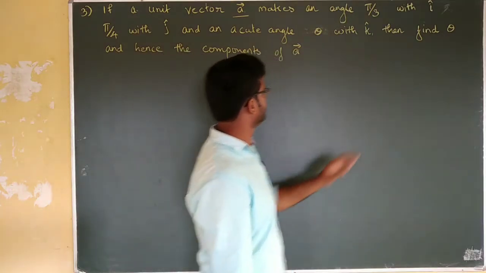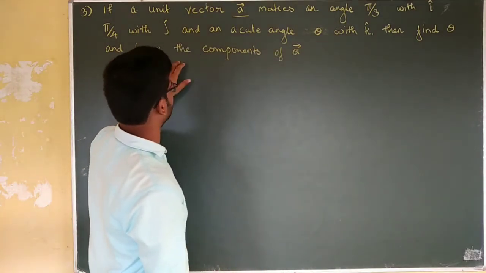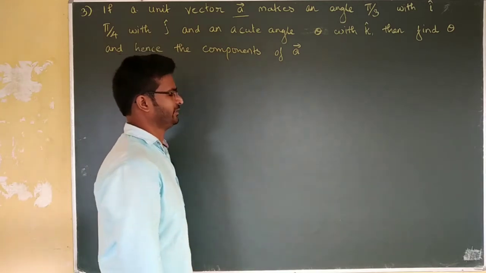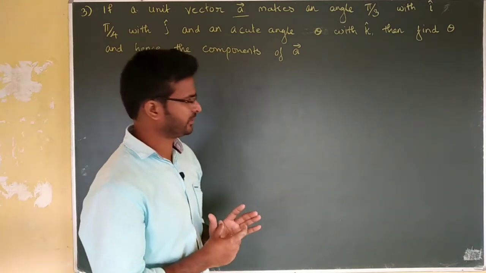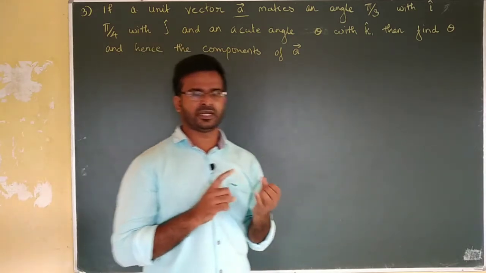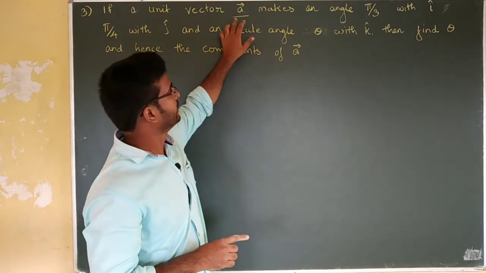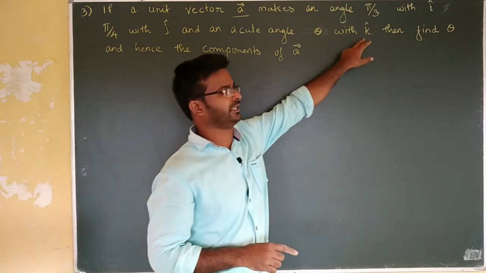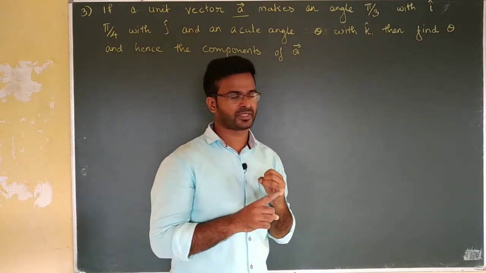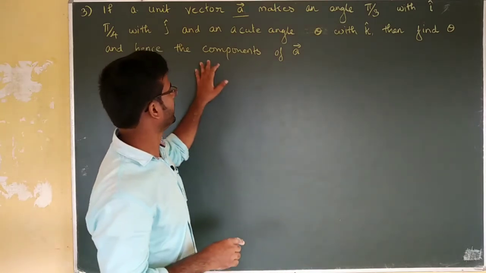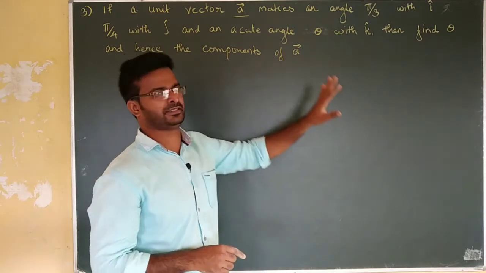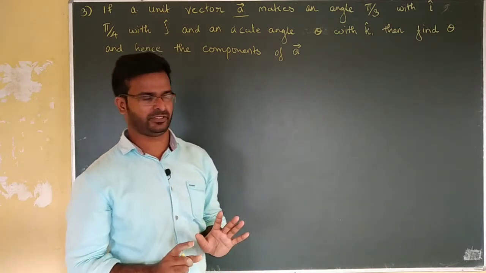Then find theta and hence the components of A vector. In here two questions are there. First we have to find the angle between that A vector and k vector. That is the first question. The second question is we have to find the components of A vector, that is the scalar components of A vector.